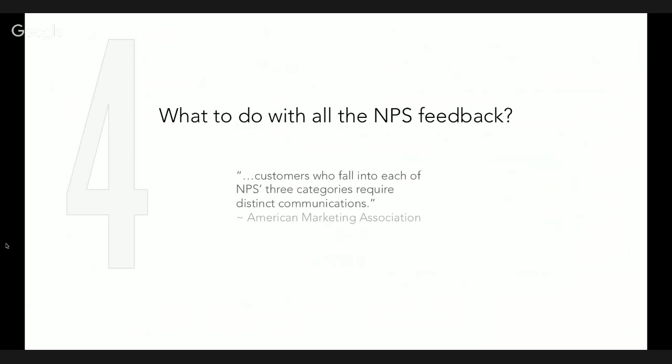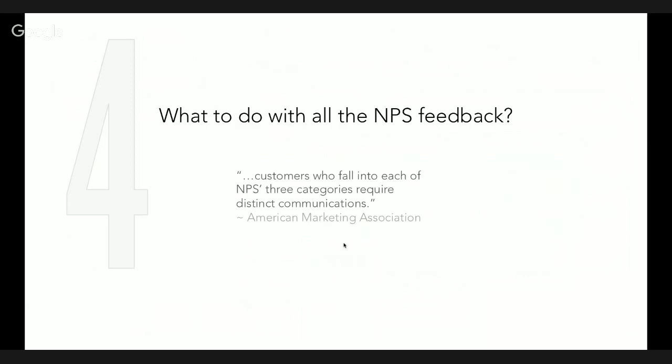Sure. So we've had a look at what NPS is, how to design the right NPS question, and how you really just need to focus on obsessing over the reasons and not just the ratings as such.